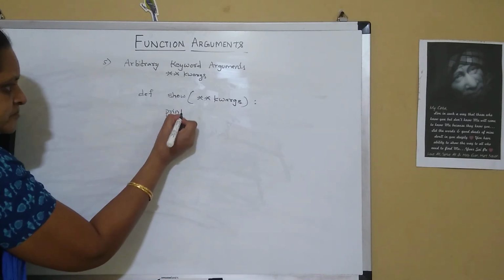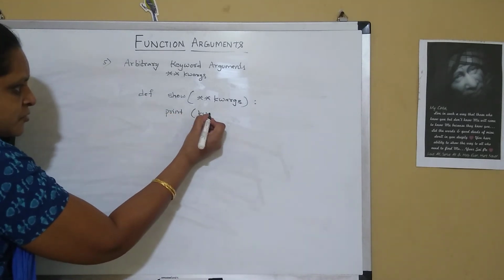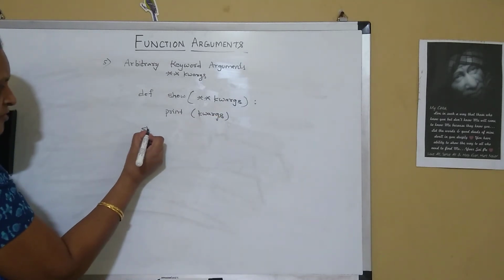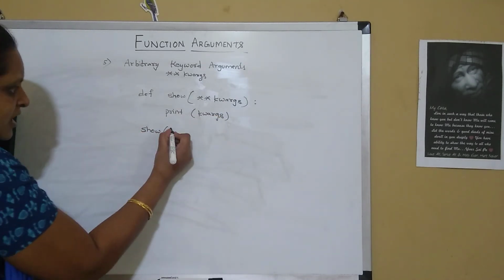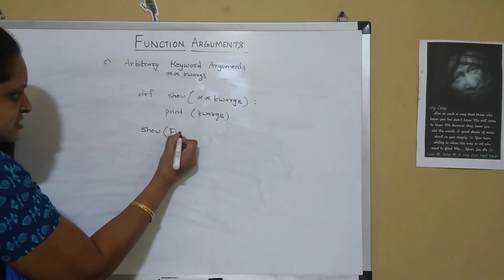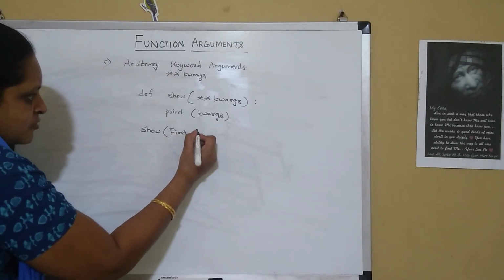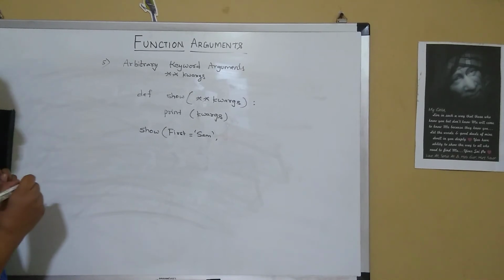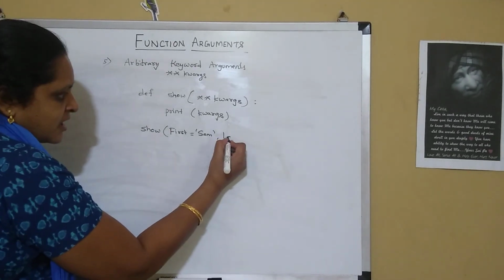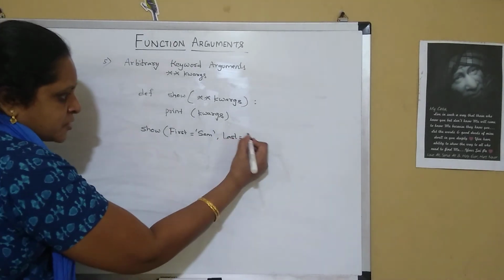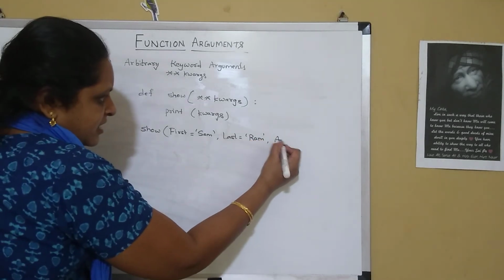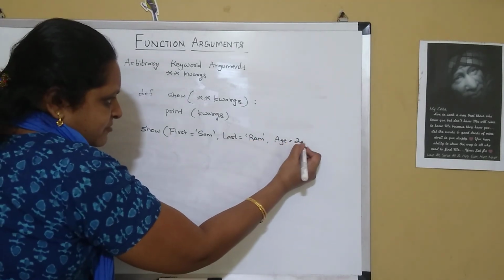Print KWARGS. Now let me call my function show, and I am passing keywords, that is first name equal to Sam. Last name is equal to Ram, and then age equal to 25.